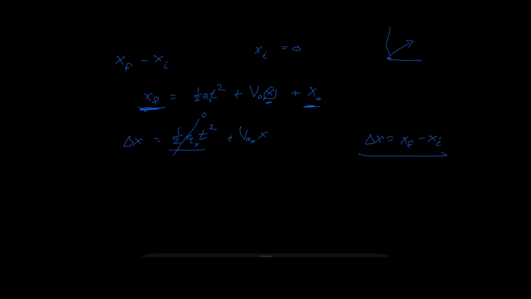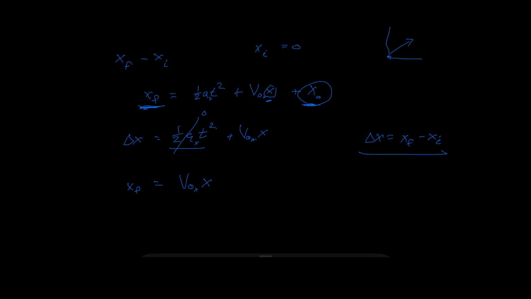And then we're left with x final equal, because x initial is 0, x final equals v naught x times t, I'm sorry. This is a t, not an x.